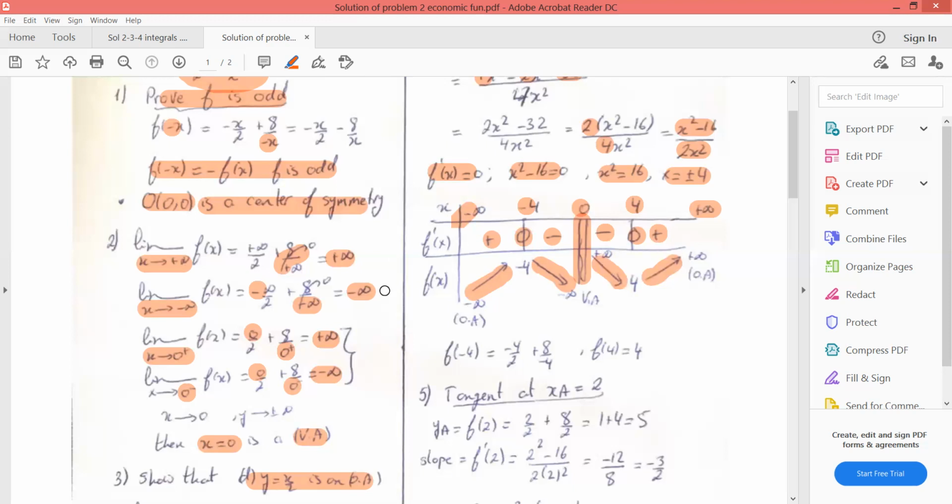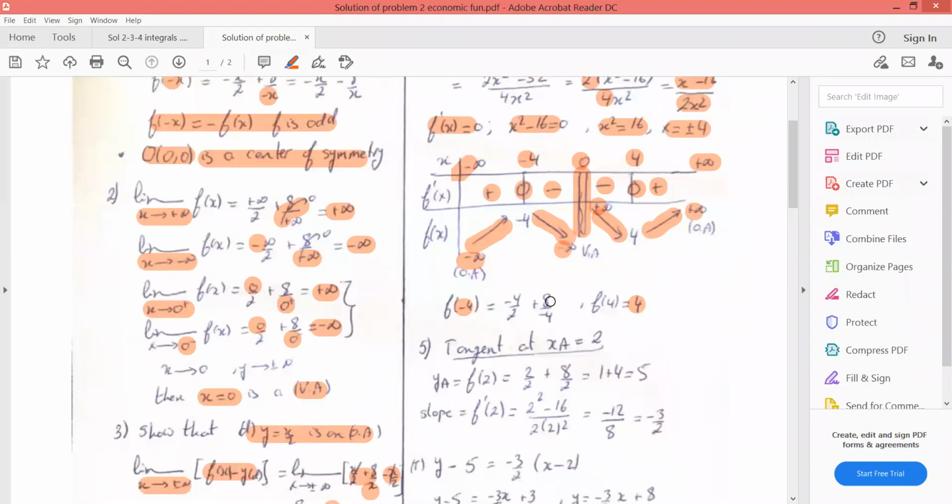At minus infinity we get minus infinity, and at plus infinity we get plus infinity. As x tends to 0 plus, we get plus infinity here. As x tends to 0 minus, here we have minus infinity. The maximum f of minus 4 equals minus 4. And the minimum f of 4 equals 4.